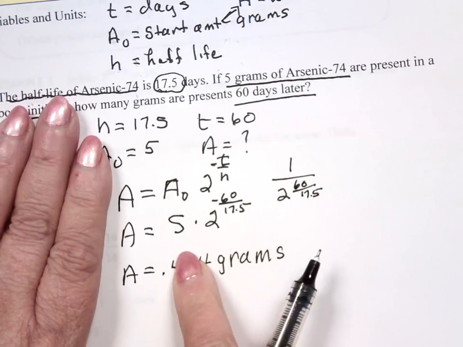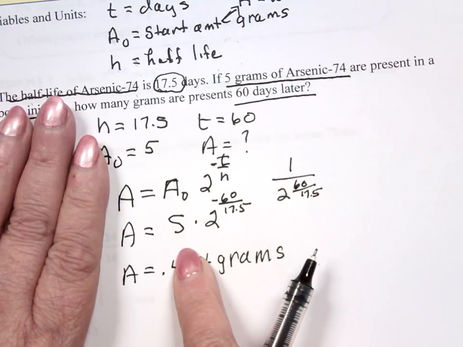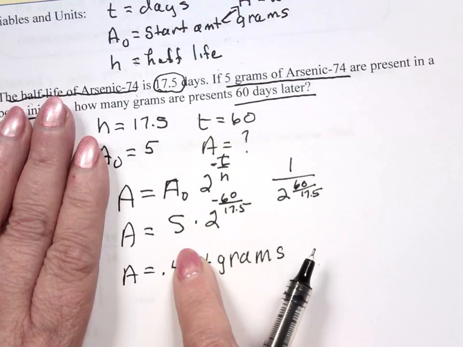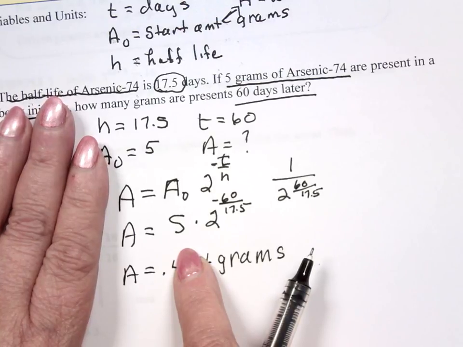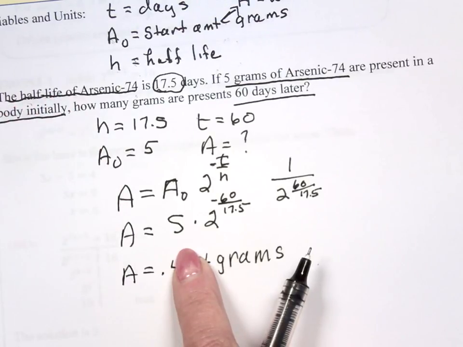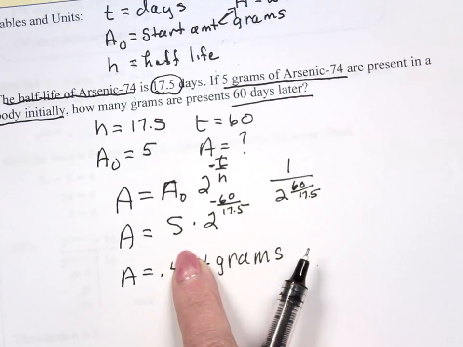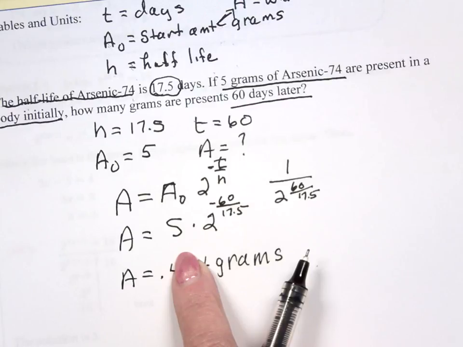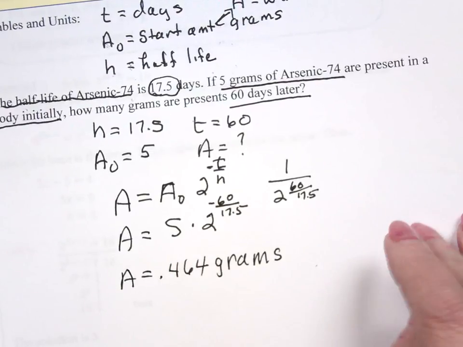Is that going to make the 5 a smaller number? Yes. That's why that exponent has to be negative, because the amount of arsenic is decreasing. So you should have less than 5. And it's decreasing pretty rapidly.